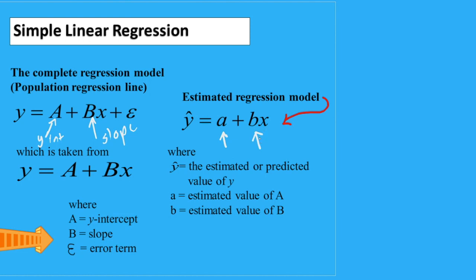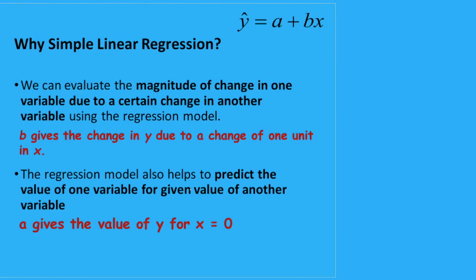Besides finding the model that best fits our set of data, the reason we would use the simple linear regression model is because the estimated value of the slope gives us the change in y due to a change of 1 unit in x.